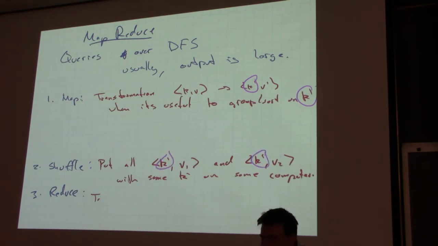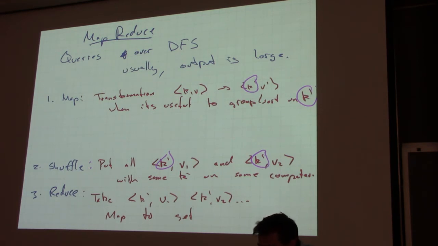Okay, the reduce step is going to take all these things, K prime V1, K prime V2, and it's going to map to some output set. Let's call this K double prime, V. And so V is going to be a function of V1, V2, and so forth.